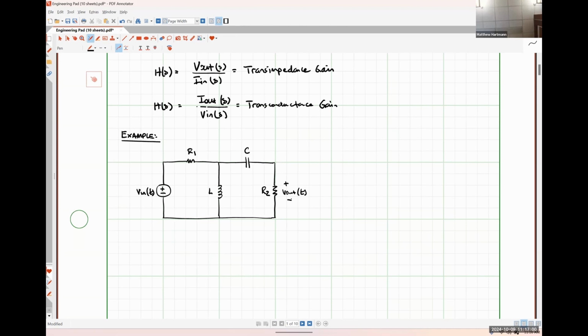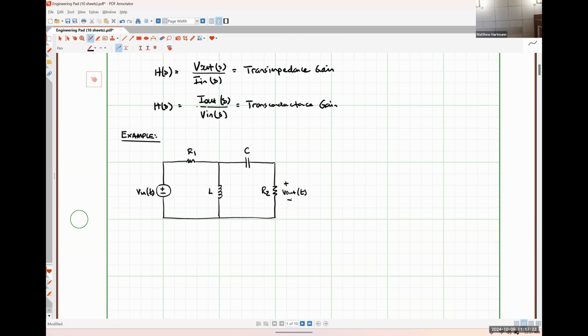So this looks kind of similar-ish to some of the passive filters that we talked about in circuits 2. In circuits 2 specifically, we were looking at series RLC circuits and how we could use them as various types of filters, right?